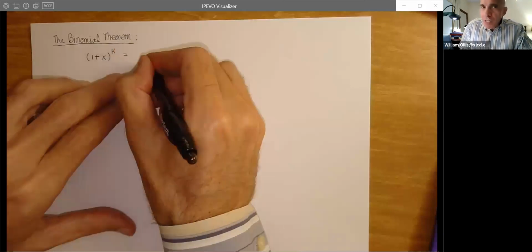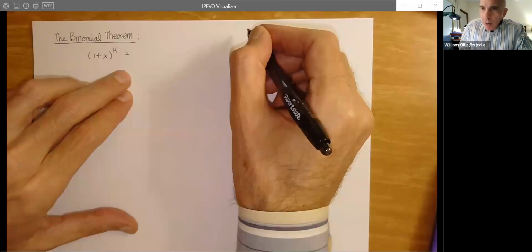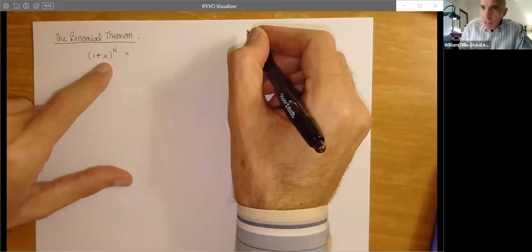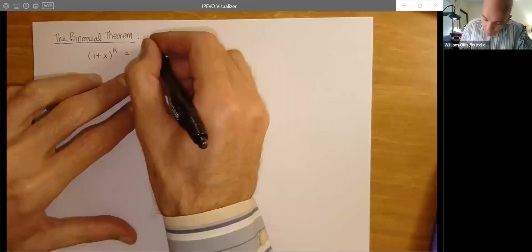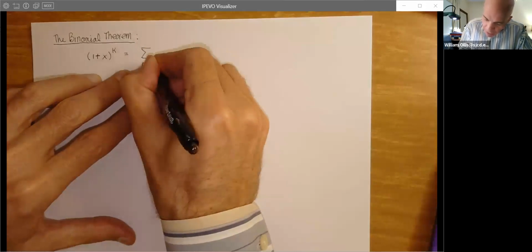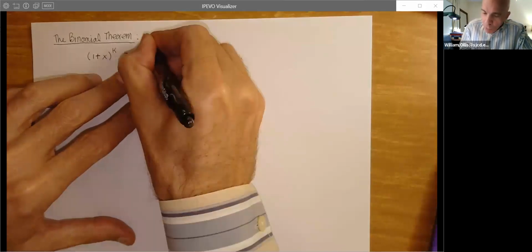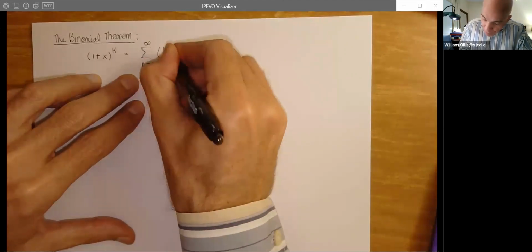My first example, once we build this, it's going to take a little while, will be 1 plus x to the 1/2, the square root. So for instance, this is an odd series, but very important. We got to talk about binomial coefficients.